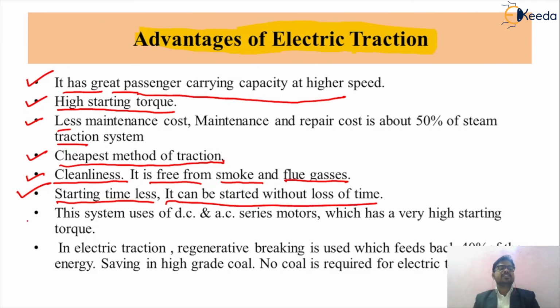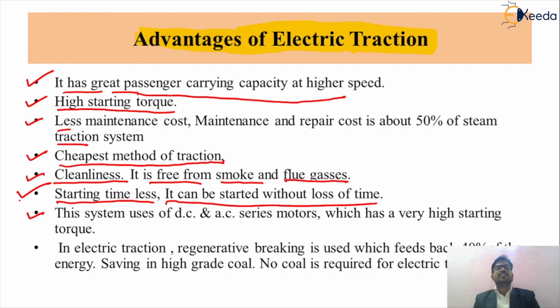Then the next advantage is that the electric traction system uses both DC series motors as well as AC series motors, and according to their construction, these electric traction motors have a high starting torque. Again, these electric motors have a much better braking system.